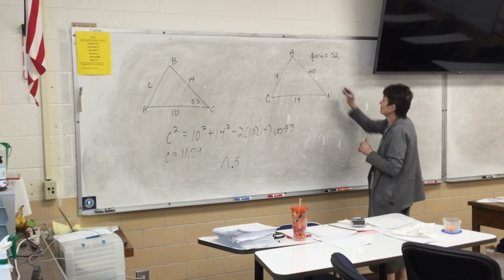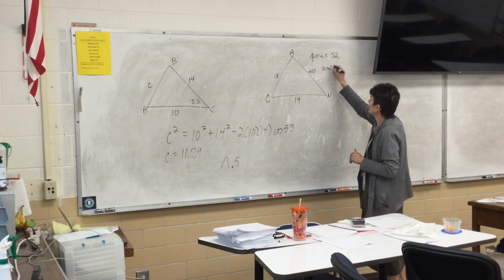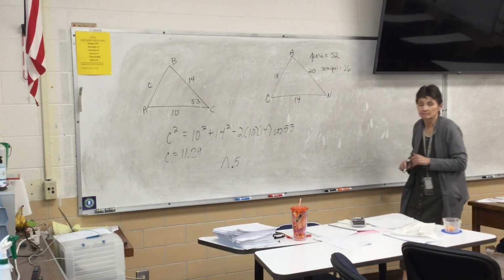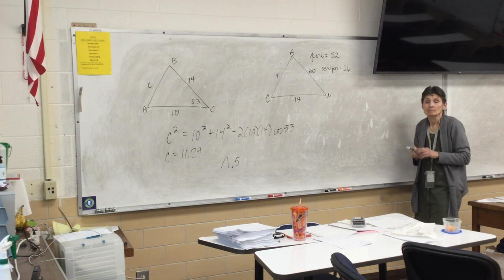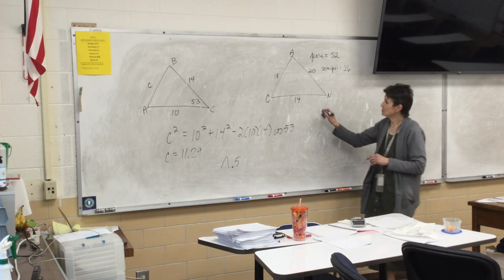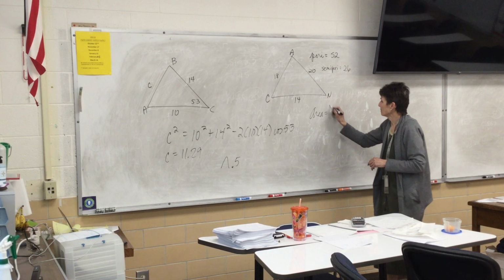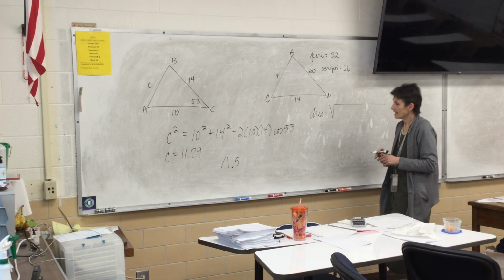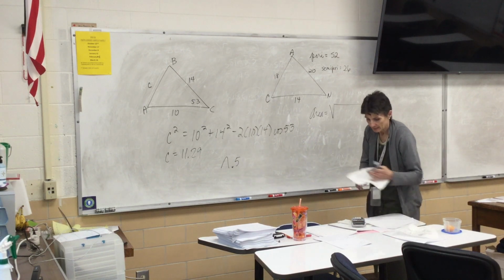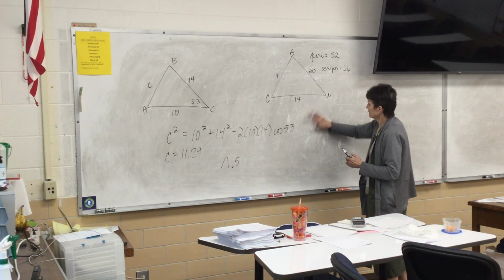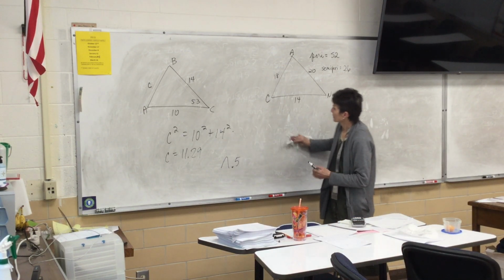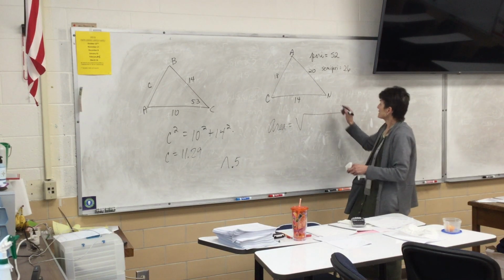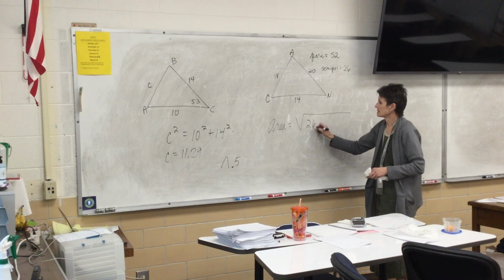Then take half of it, and that gives you your semi-perimeter. So 26. Then to find your area, it's a big radical, and you're going to take the semi-perimeter, which is 26.